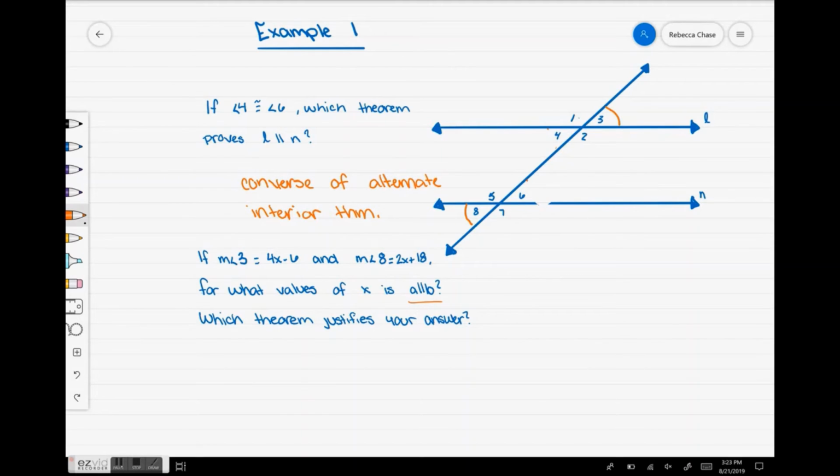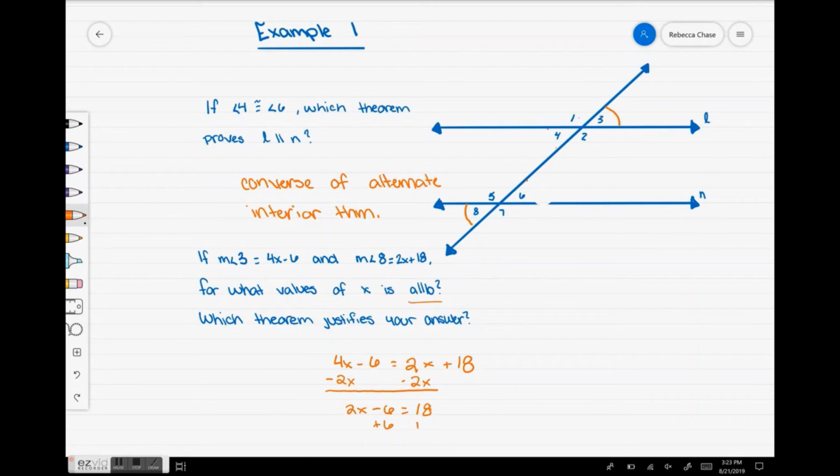So we're going to take the 4x minus 6 and set it equal to 2x plus 18. I'm going to solve for x. I'm going to subtract 2x from both sides, and I get 2x minus 6 equals 18.